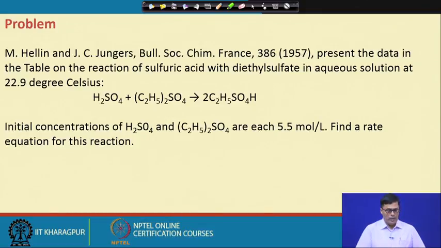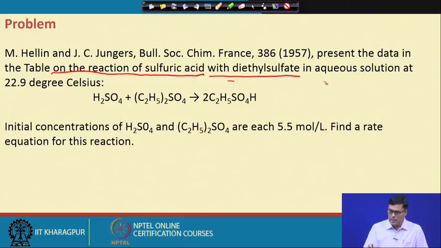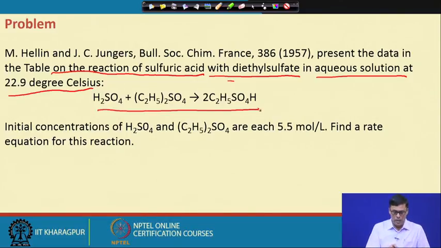They present the data in a table on the reaction of sulfuric acid and diethyl sulfate in aqueous solution at 22.9 degrees Celsius, and the reaction is this: sulfuric acid in presence of diethyl sulfate produces ethyl bisulfate. The initial concentrations of H2SO4 and diethyl sulfate are each 5.5 moles per liter. Find the rate equation for this reaction.